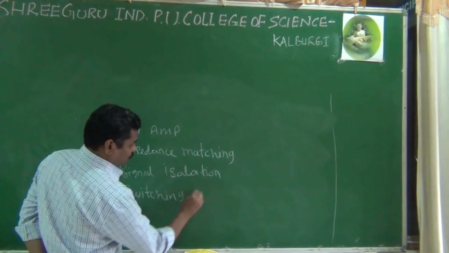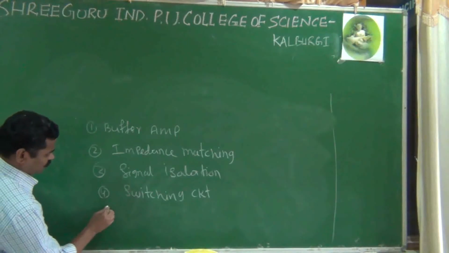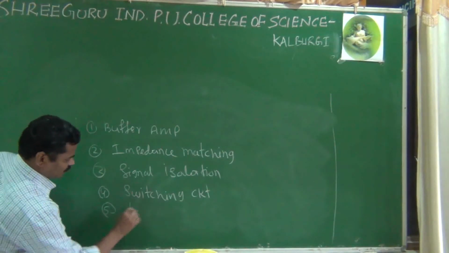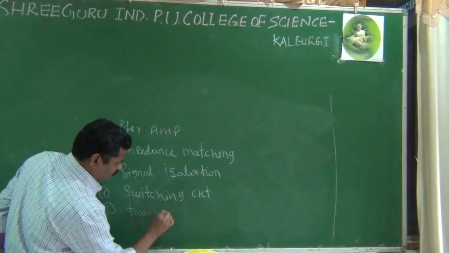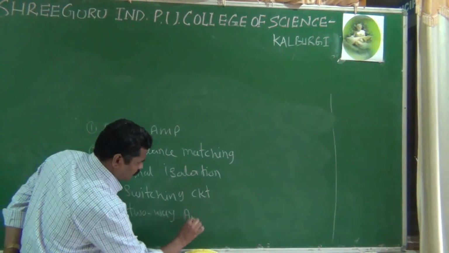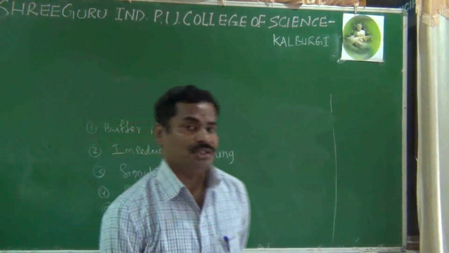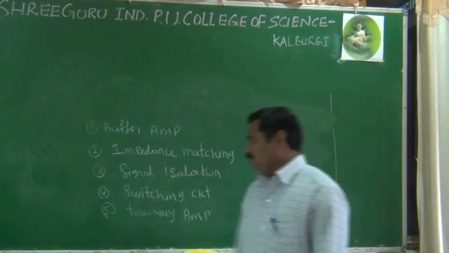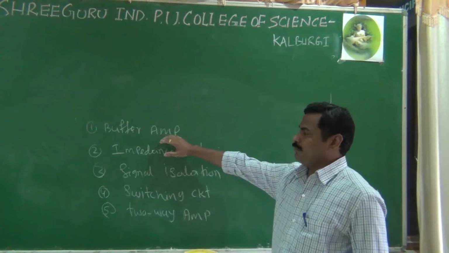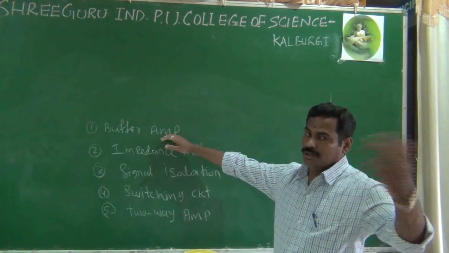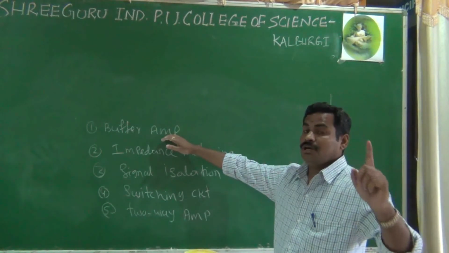Finally, it is also called a two-way amplifier, because we can send the signals in two ways. That's what is called a two-way amplifier. It means it is used as a buffer amplifier. As I said, the common base amplifier is called a current buffer amplifier.